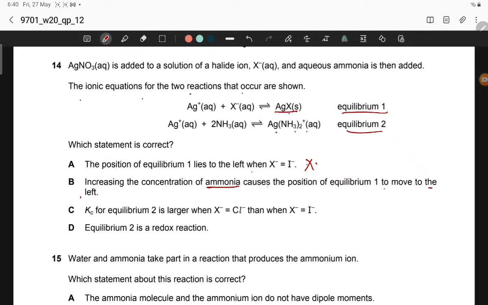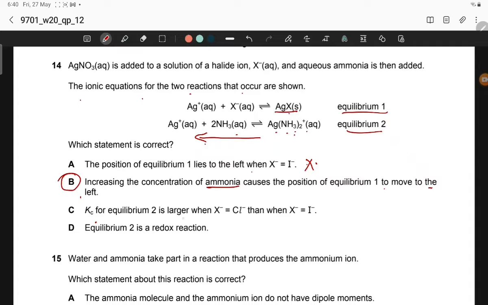Increasing the concentration of ammonia causes the position to shift, because AgX is dissolved when excess concentrated ammonia is added, so it will move forward, so this must be correct.